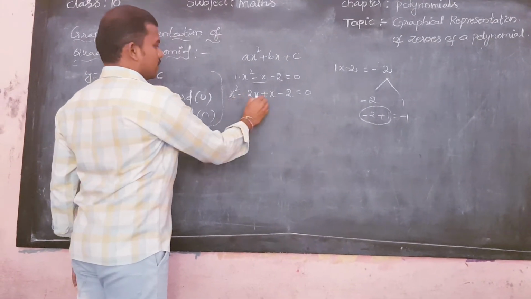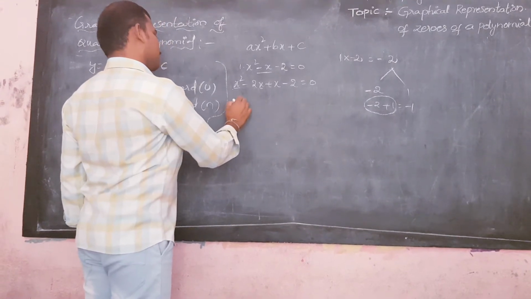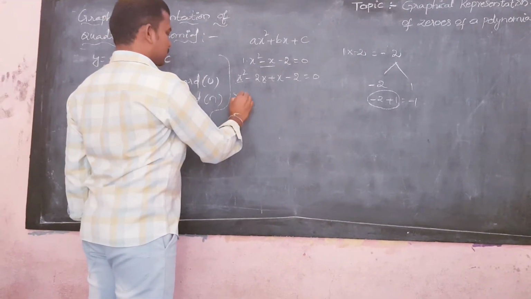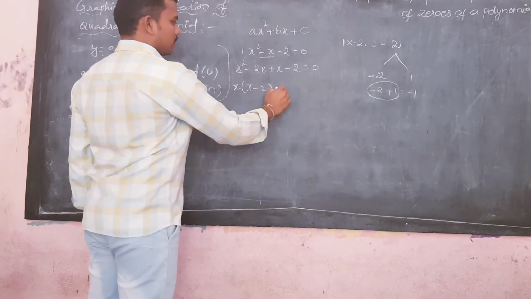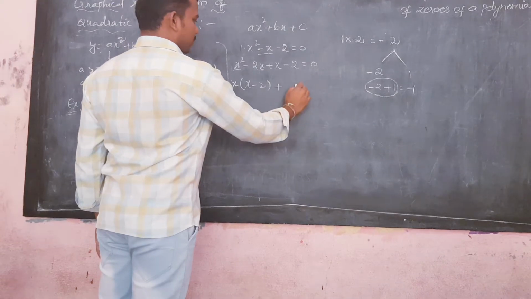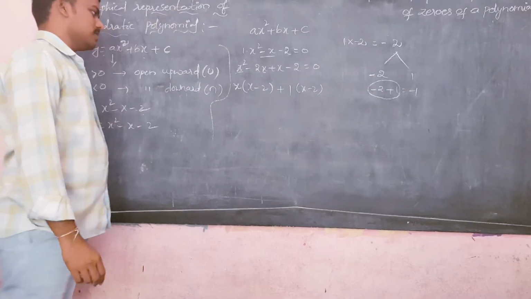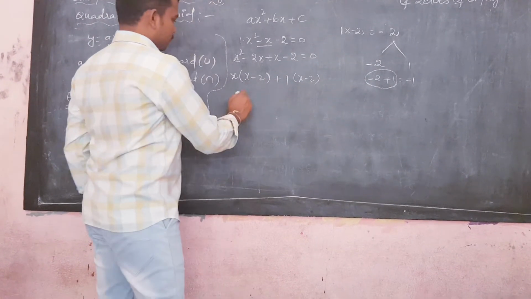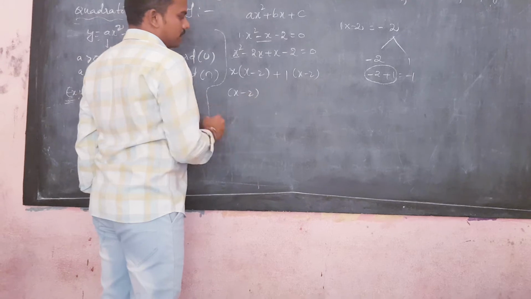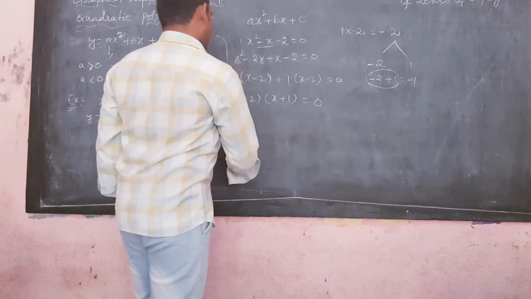So here the x value is common, x minus 2 is common in those terms. So x minus 2 is a common factor, and x plus 1, so is equal to 0.